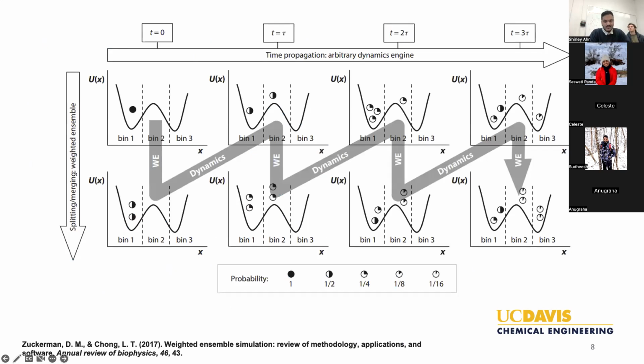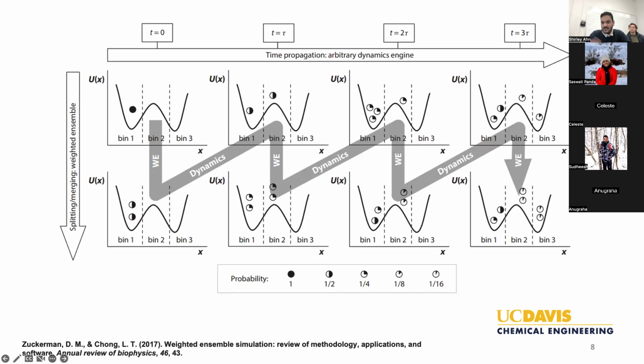So this is an example of how the weighted ensemble simulation is actually performed. Initially, in the left corner of the picture, we have only one system. Instead of running just that system for an extended period of time, we replicate it and assign it statistical weights of 50% each.